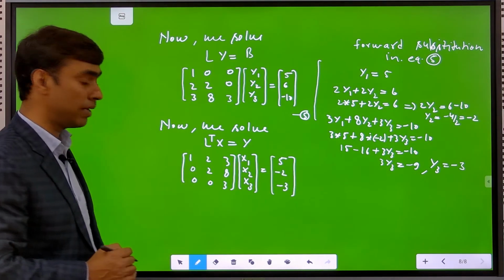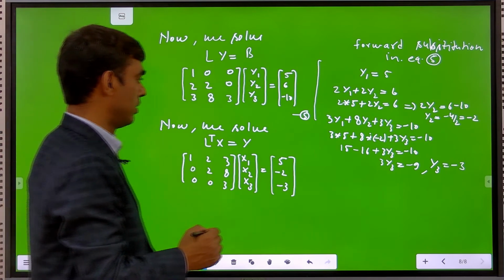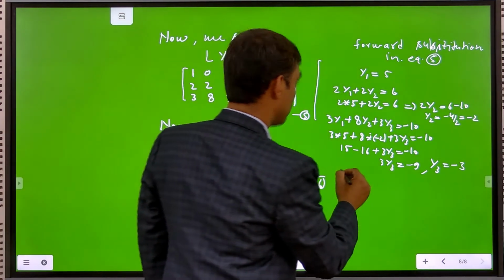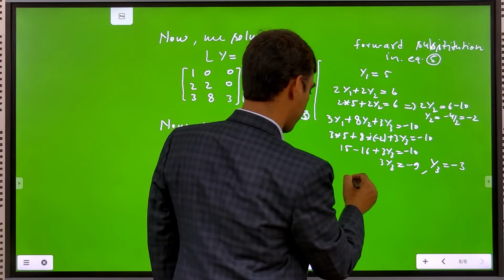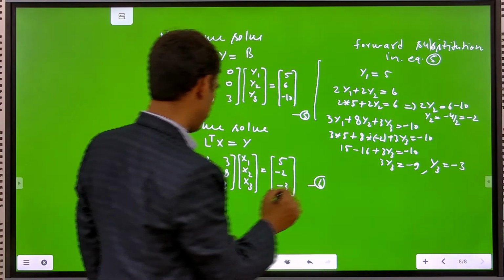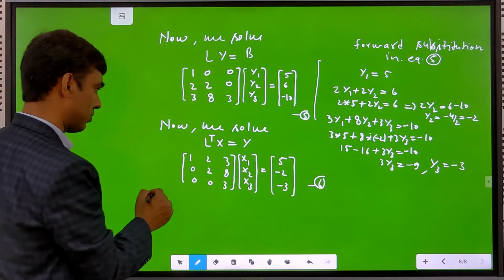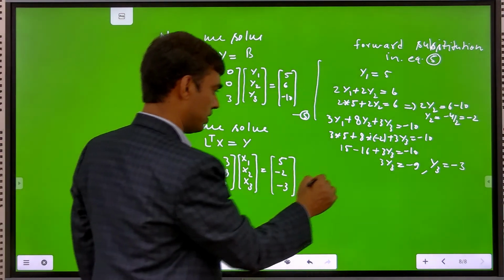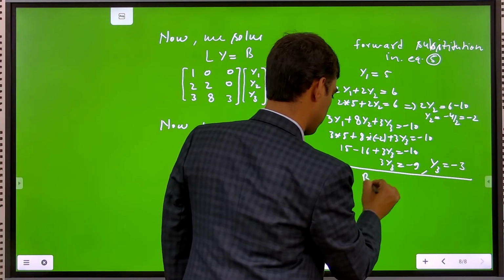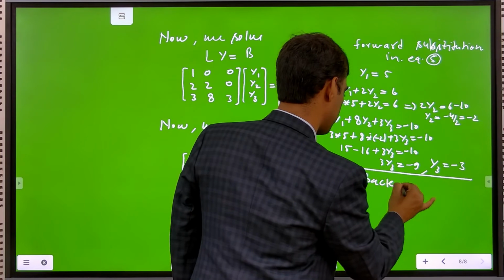Now we perform the backward substitution. Suppose this is equation number 6, and by backward substitution we solve it.